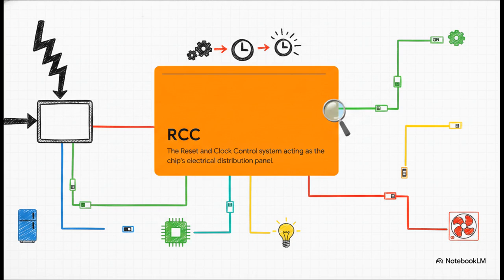Think of the RCC exactly like the main electrical panel in your house. Power comes in from the street, and a huge panel of circuit breakers decides exactly where that power goes. If the breaker to your kitchen is flipped off, your fridge simply isn't going to turn on, even if the rest of the house is lit up like a Christmas tree. In the STM32 architecture, if a peripheral's clock breaker in the RCC is switched off, that component is entirely dead to the world.